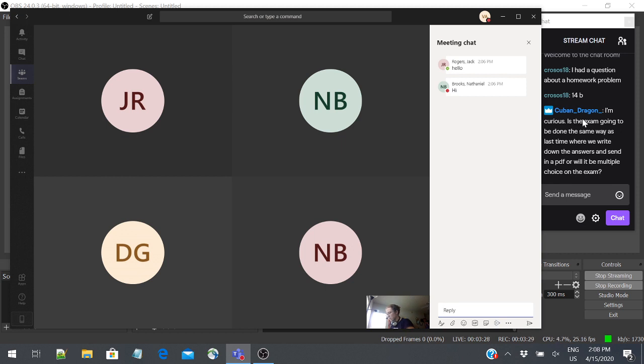Okay, 14B. Aha. Okay. So your curious exam going to be this? Yes, it's the same way. You're going to write them down, take a picture or use CamScanner or something, and then upload. This will be a little easier to handle than the previous one, because for the midterm, it was 2 separate assignments.